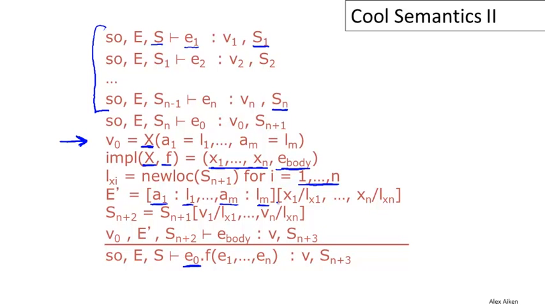Now, in addition, the formal parameters are also in scope inside of the method body. So we add to this environment with just the attributes all of the formal parameters. And they are at the new locations L sub x1 up to L sub xn. And notice one slight subtlety about the way this is defined.